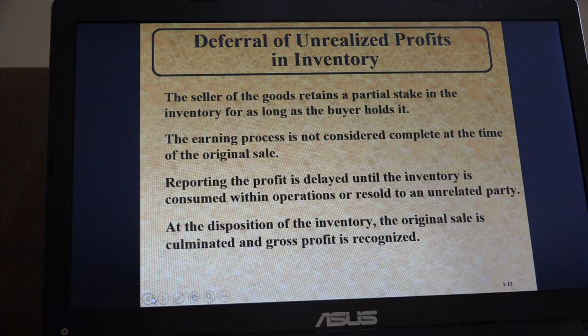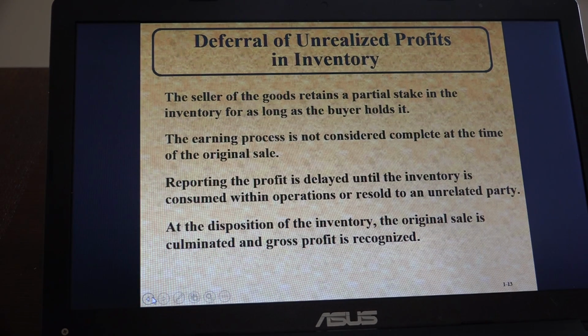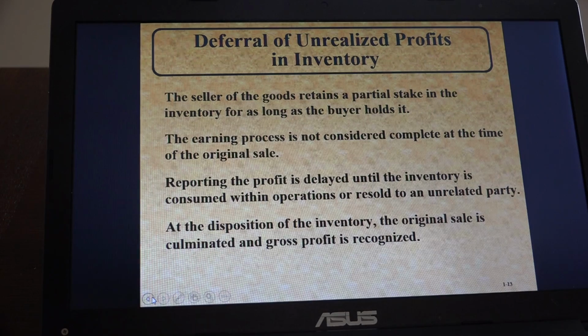Then they have an example for upstream sales. So the investee is selling to the investor. Same sort of deal. And so it says that the equity method reports upstream sales of inventory in the same manner as downstream sales. Hence, unrealized profits remaining in ending inventory are deferred until the items are used or sold to unrelated parties.